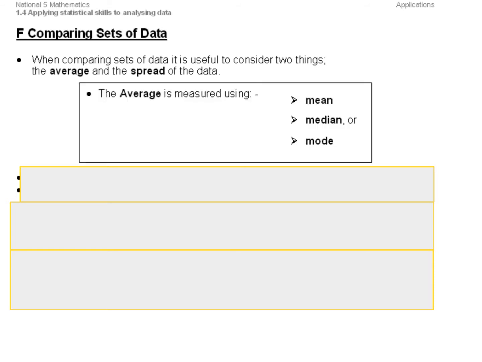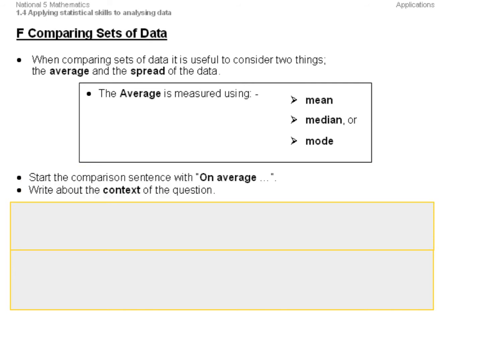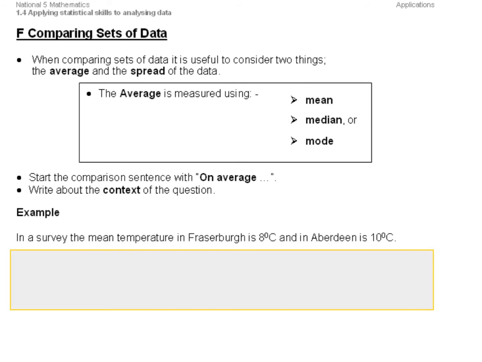So we know that we've got our three ways of measuring our average. And when we're comparing averages, we don't use the word mean, median or mode in our sentence. We start our sentence with "on average". So let's have a look at an example. In a survey, the mean temperature in Fraserburgh is 8 degrees and in Aberdeen it is 10 degrees.